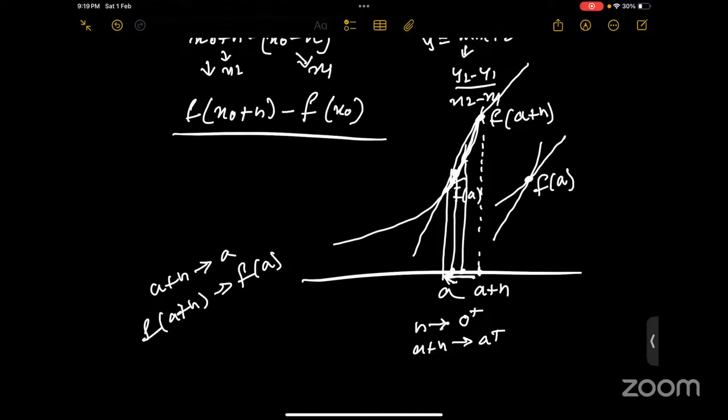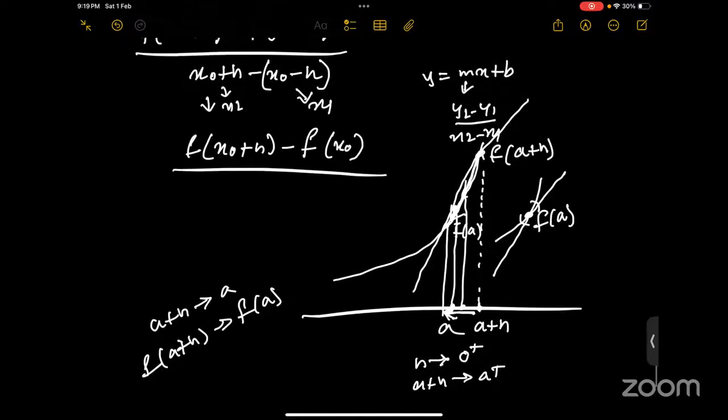So at that point, when we are finding the slope of the line, because the tangent line is called the linear approximation of the curve, that means near the point, the tangent line and the curve is almost same, not exactly same, but almost same. Okay. So when we are finding the slope of the curve near that point, that means we are finding the slope of the tangent line.